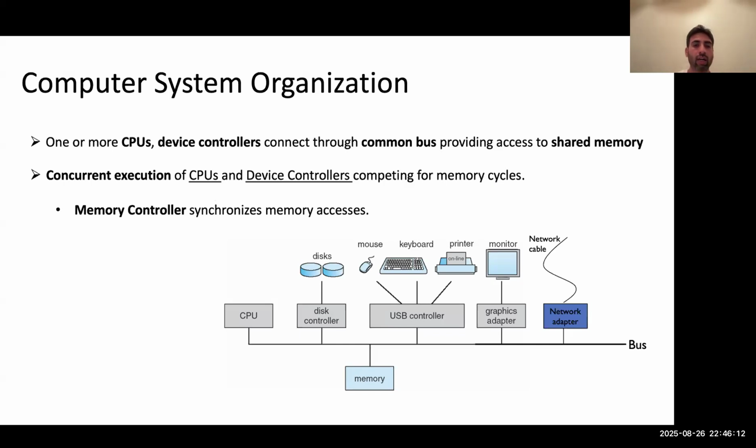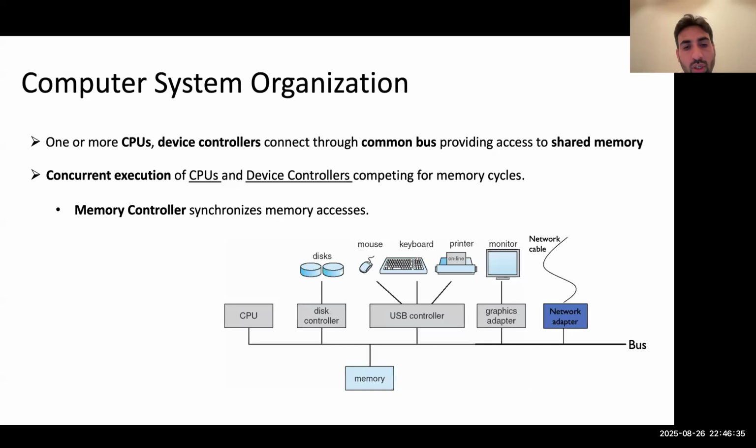The issue here is that CPUs are responsible for running the applications. And the device controllers, for example in this figure the disk controller or USB controller, are responsible for their own devices. For example, the disk controller is responsible for reading the data from disk, and then that data needs to be moved to the memory.